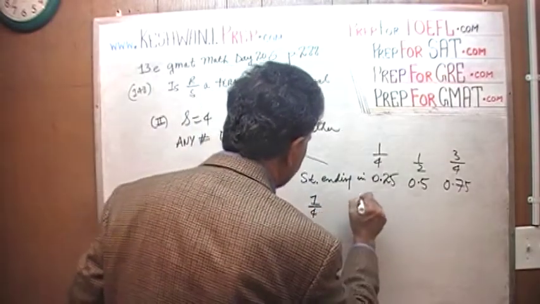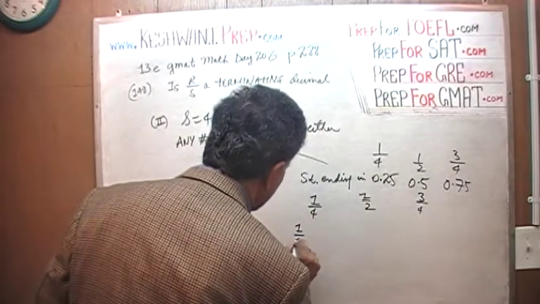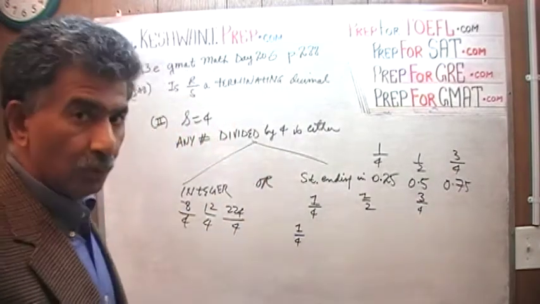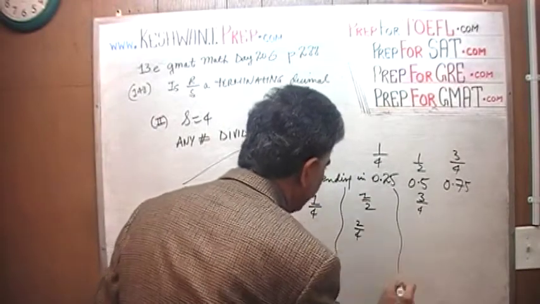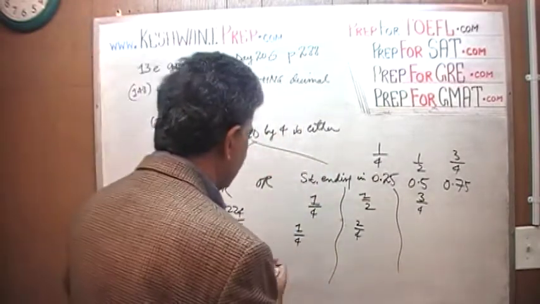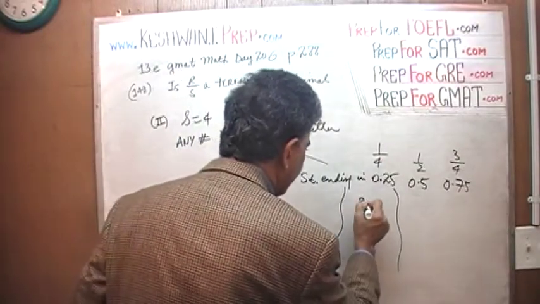This is the 1/4 part, this is the 1/2 part, this is the 3/4 part. So 1 over 4 would be 0.25. 2 over 4, on the other hand, will fall in this category. It will end in 0.5.